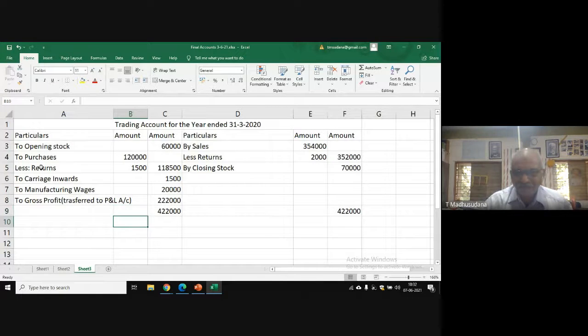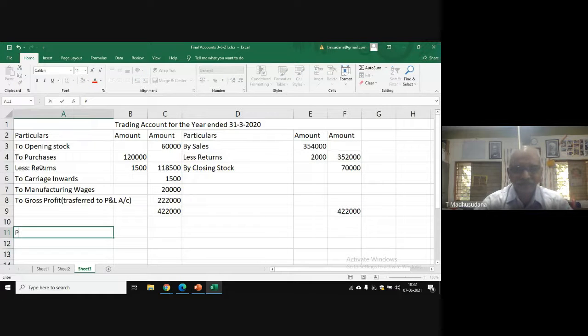Okay, next, continuation. After the trading account, which account is to be prepared? Profit and loss account for the year ended 31/3/2020.